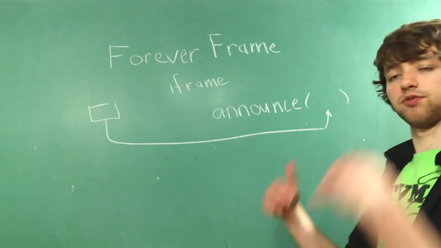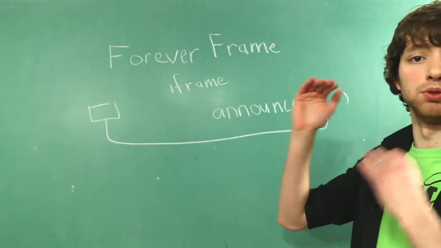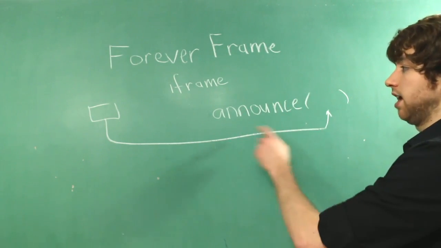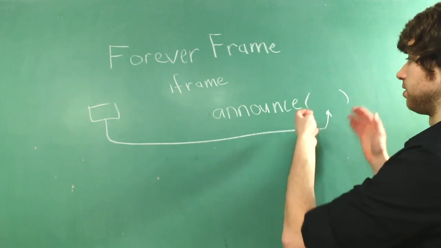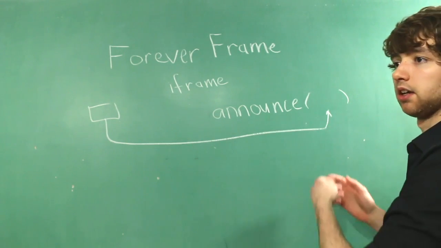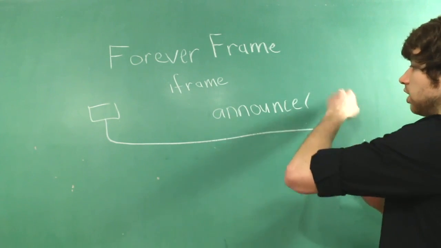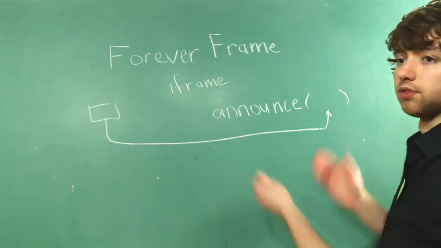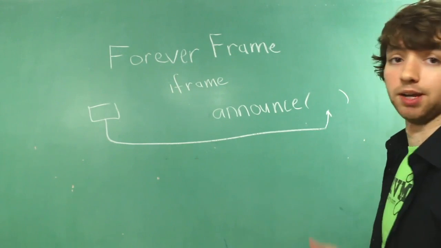And just for you beginners out there, a function is basically a piece of code that can be ran just by calling its name and passing in some data. So when we say announce, parentheses, and then we pass in something like, welcome to the web page, and then close it, we are running the announce function, which might do all kinds of different things. That is the way forever frame works.